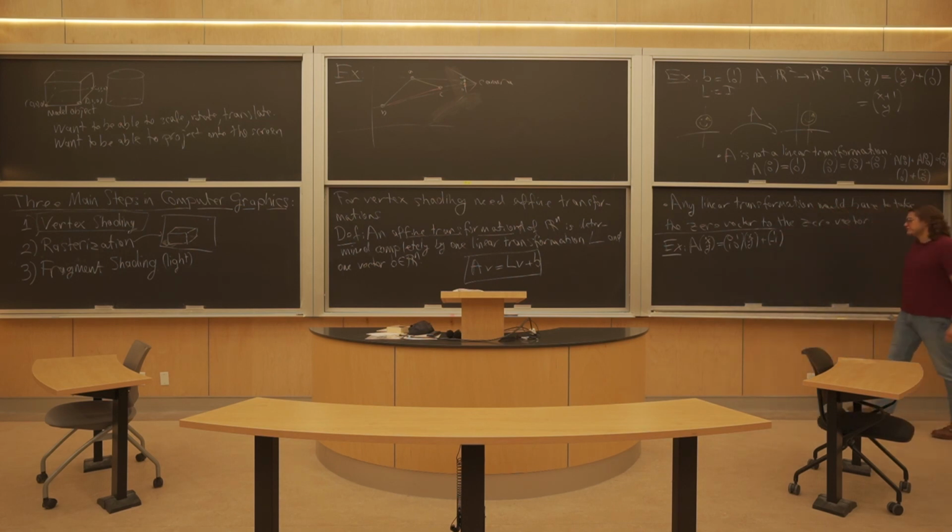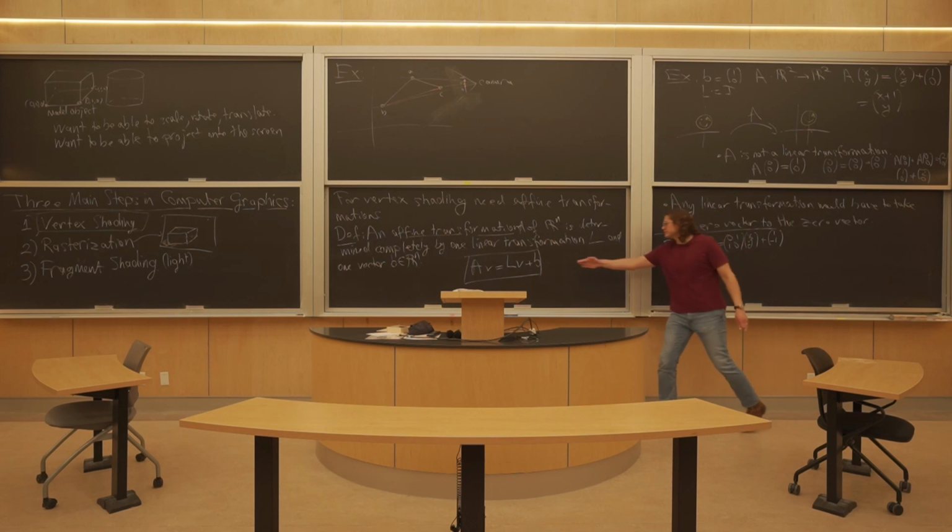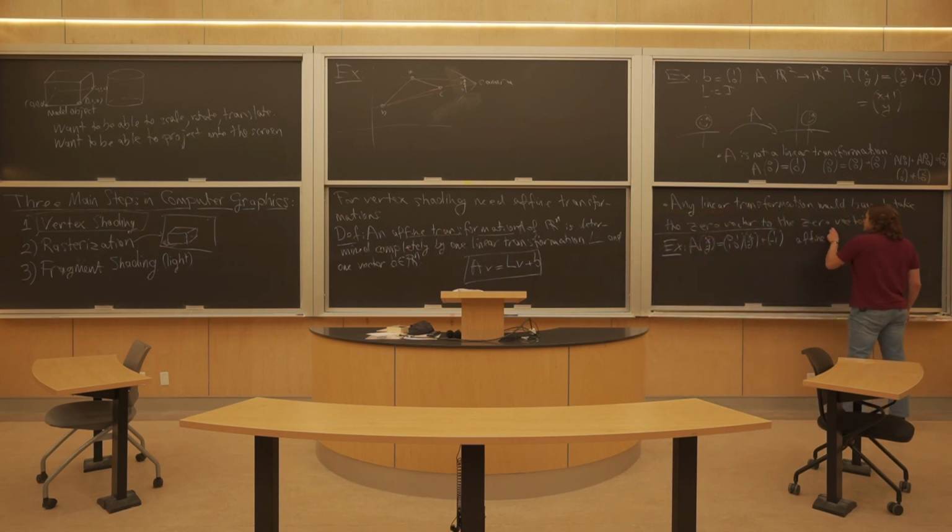This is also an affine transformation because it fits the format. So you see, note that whenever I plug in 0, 0 as an argument for the affine transformation, the linear part is going to become 0, and then I'm going to get the added vector. So I can also think of this added vector as where my affine transformation takes the origin of the vector space. Okay, let me write that.